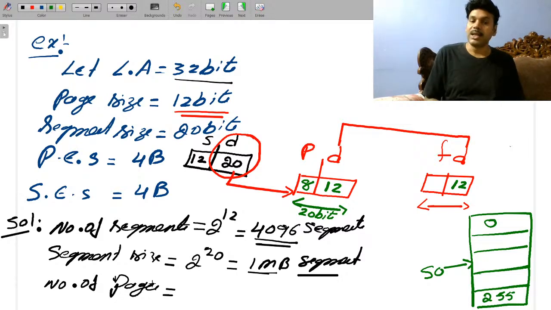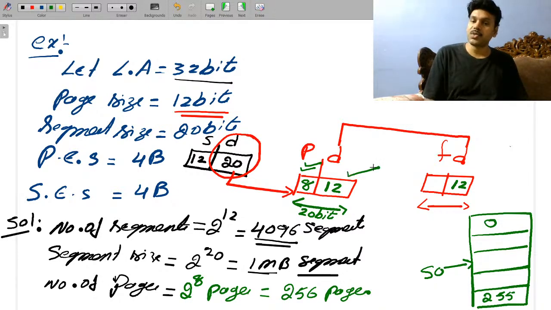So I am saying the number of pages for each segment is, and this is the important point, 2 power 8 pages, which is nothing but 256 pages, each of 12 bits.